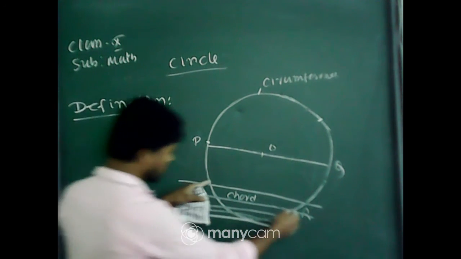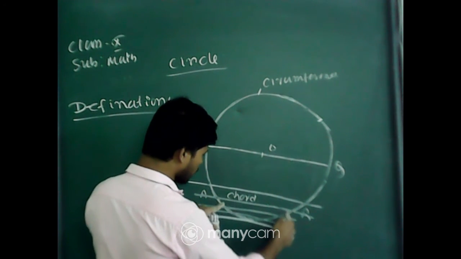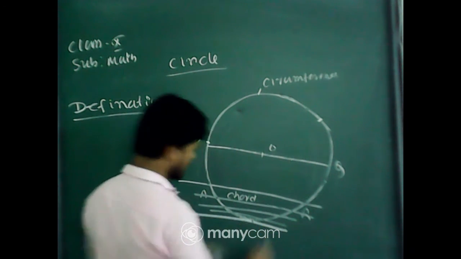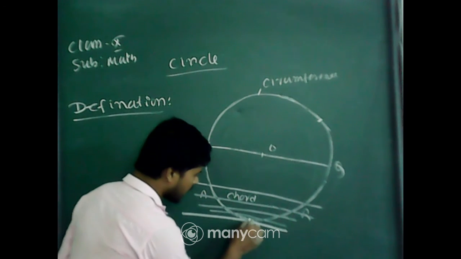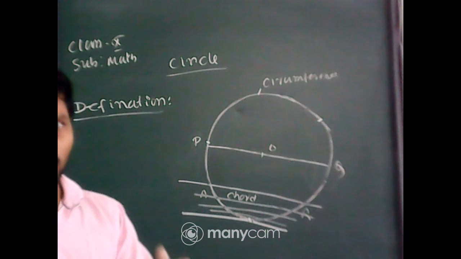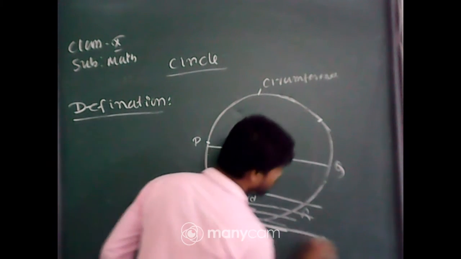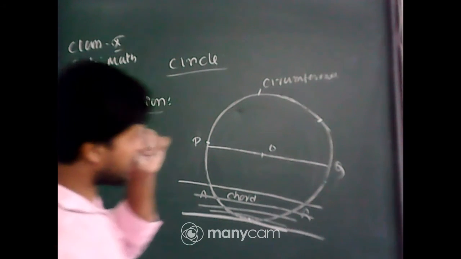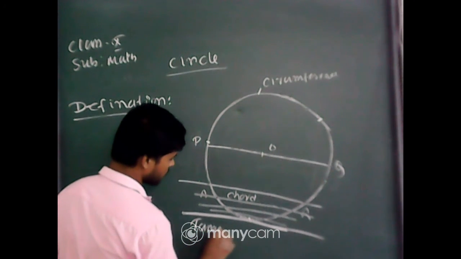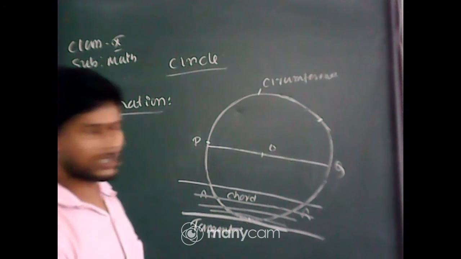When you shift the chord parallel to itself, the length of the chord will keep decreasing, and finally it will overlap at a point. When the line touches the circle at just one point, then this line is called a, yes, a lot of students have given the right answer, a tangent of a circle.